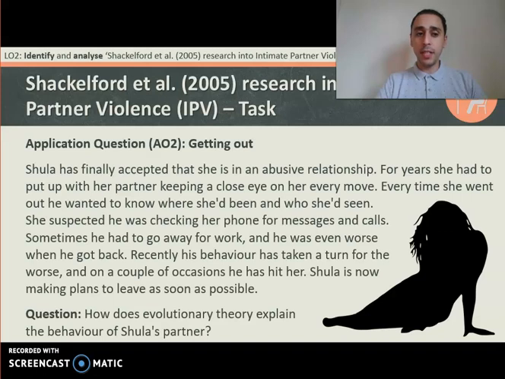She suspected he was checking her phone for messages and calls. Put a passcode on it. Sometimes he had to go away for work, and he was even worse when he got back. Recently, his behavior has taken a turn for the worst, and on a couple of occasions, he has hit her. Shula is now making plans to leave as soon as possible. Go on, Shula.